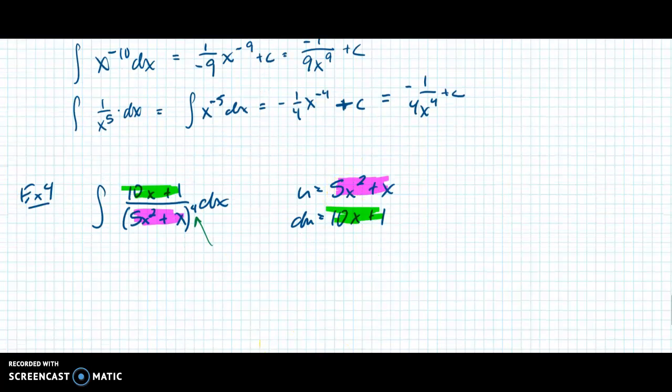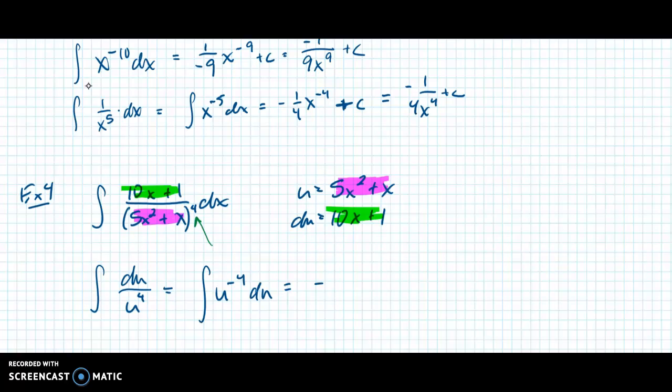So when I do my u substitution, I get the integral of du over u, but then I need to leave that 4th there, which it might be easier to think about as the integral of u to the negative 4th du, which gives me negative 1 over 3 u to the negative 3, which is negative 1 over 3 u cubed plus a constant, right, my plus c.